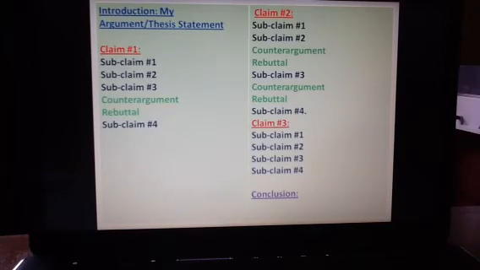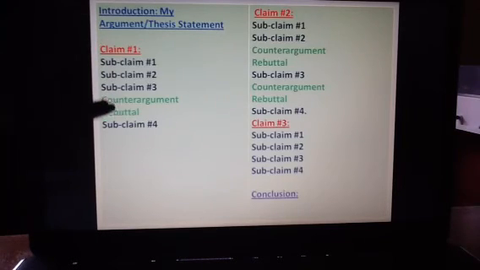This is a way in which you can develop your paper in a more meaningful way so that the reader gets a better view of what you're trying to say, and is perhaps swayed by your argument a little bit more because you've included all aspects and dialogue related to this topic. So keep that in mind.